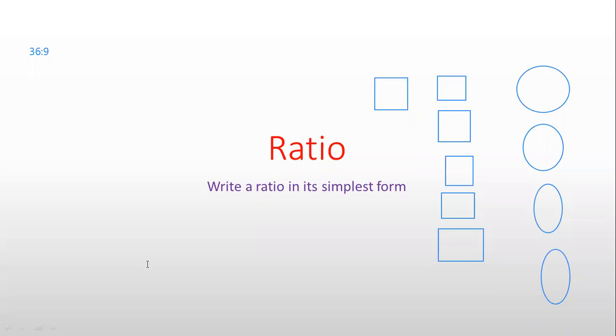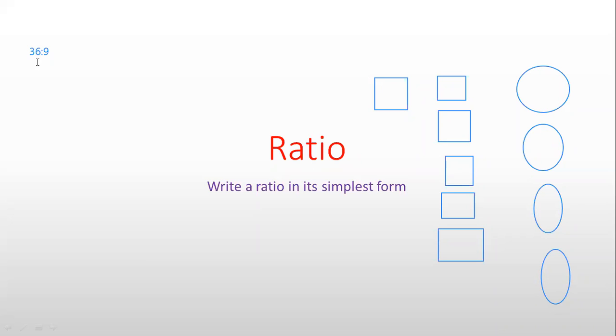Okay, Abdullah. 36 divided by 9 and 9 divided by 9. Yes, excellent, exactly. So you will divide both numbers by 9. Why by 9?